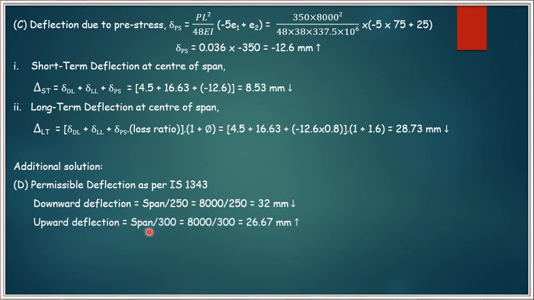Upward deflection should be span divided by 300, so 8000 divided by 300 comes out to be 26.67. As we have calculated, the upward deflection with all the conditions is again under control, so there is no excessive upward deflection acting in the member.